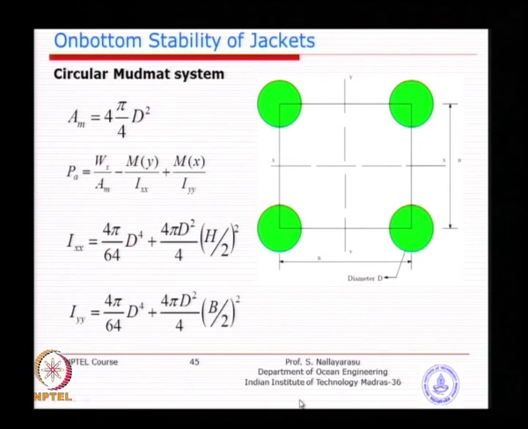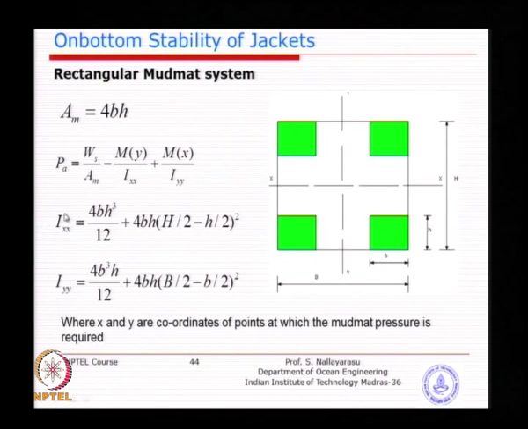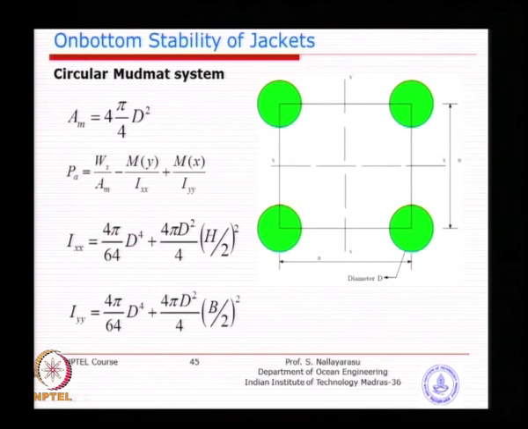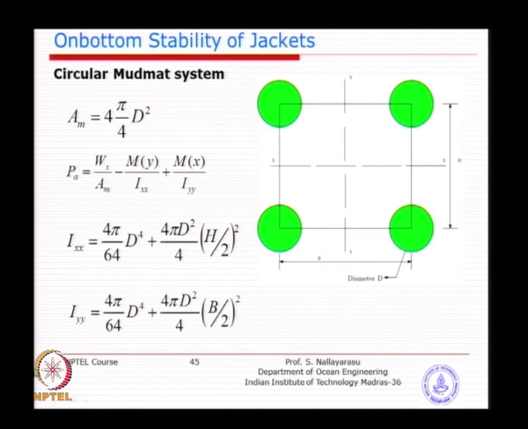Similarly, you see the circular one, where the concept must be the same. If you look at this, it is the self moment of inertia 4 times because of 4 corners, plus area times 4, multiplied by the distance squared from the new centroidal axis to the centroid of the particular one. So, a similar principle you can easily apply, and any shape you can derive without much problem.